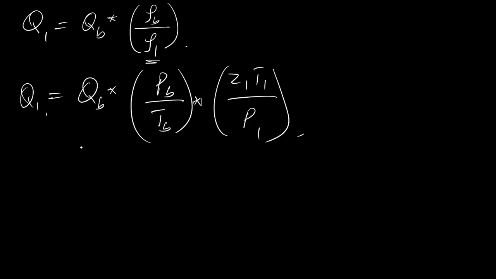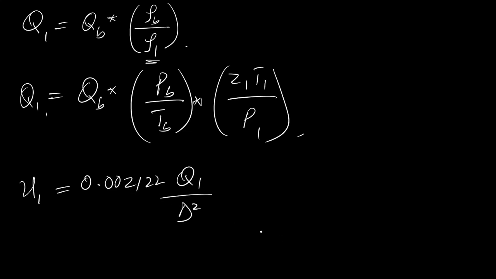So this is Q1. And we also know that the velocity at the inlet is equal to 0.002122 Q1 all over d square.